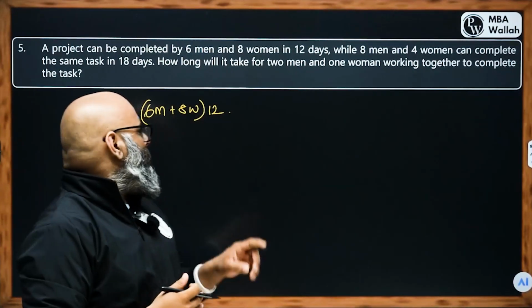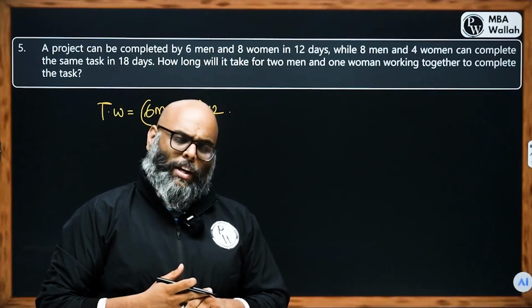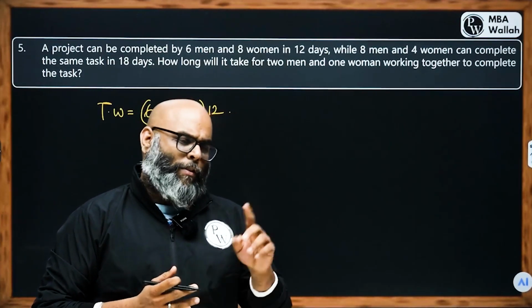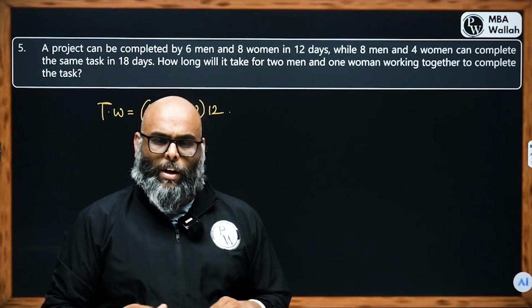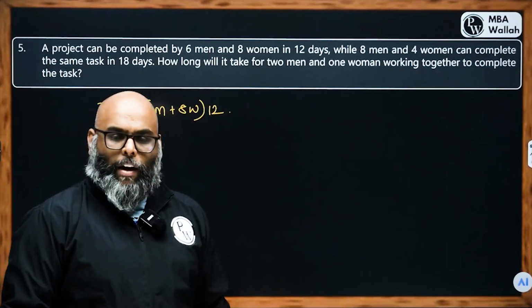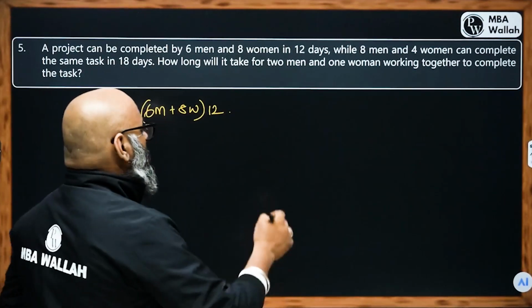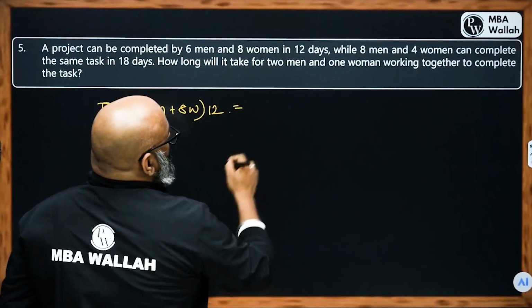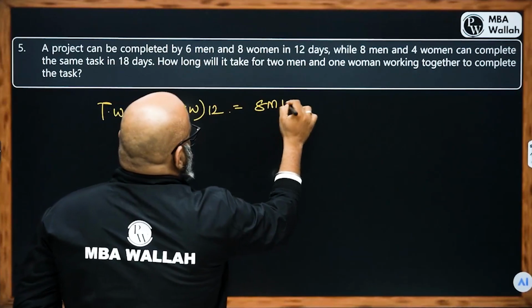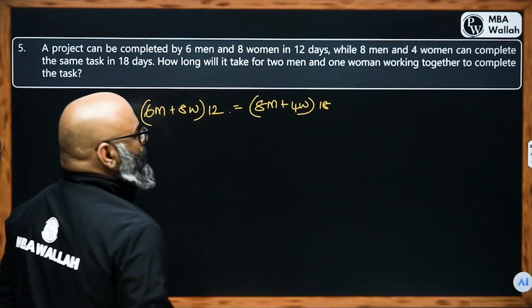Now, I cannot account them to be 14 people because it clearly says 6 men and 8 women, which gives me an understanding that the efficiency of a man and a woman is not the same. The efficiency of a man in this group and that group should be the same. The efficiency of a man and a woman are not necessarily the same. We might have to check that out. This is the same as 8 men and 4 women working for 18 days.